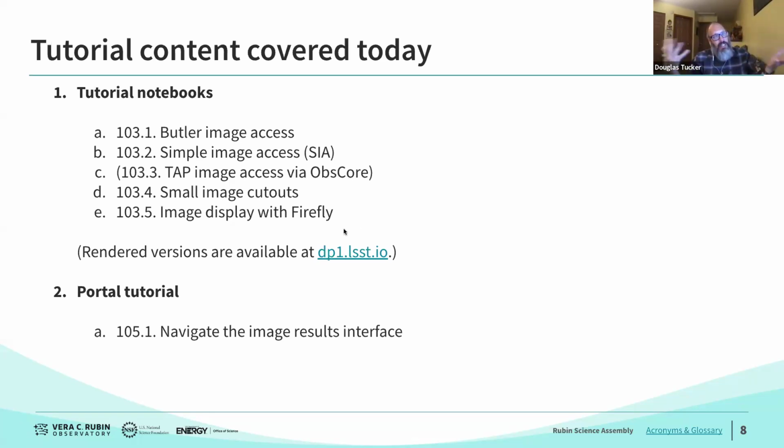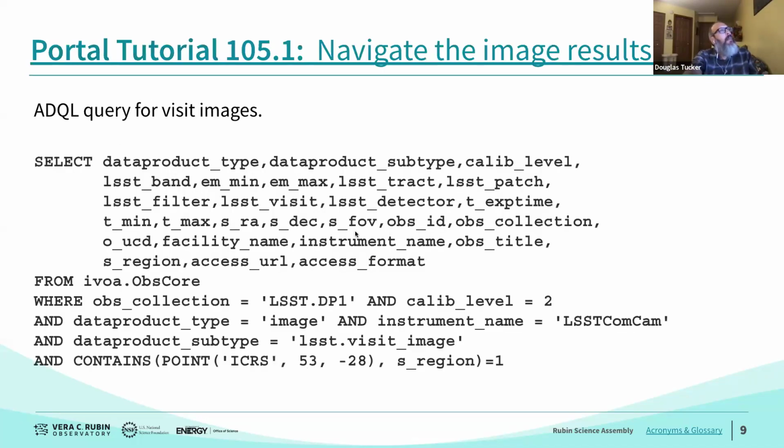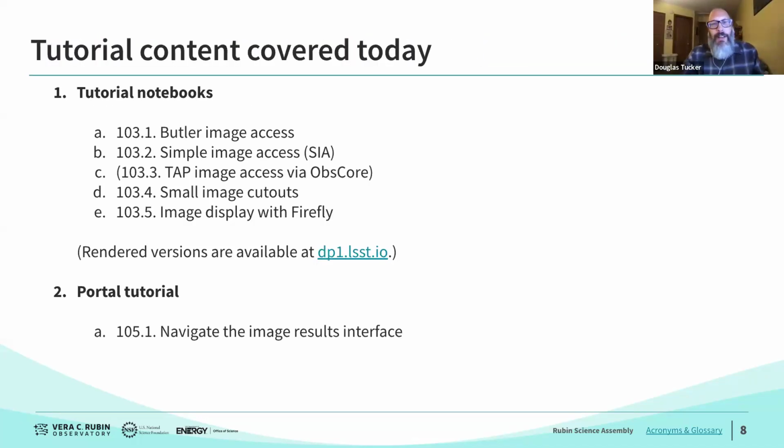But you still get to see how things are run in the outputs, especially the catalog outputs. Okay, I know I went through this very quickly. Any questions at this point before we delve into the tutorials?